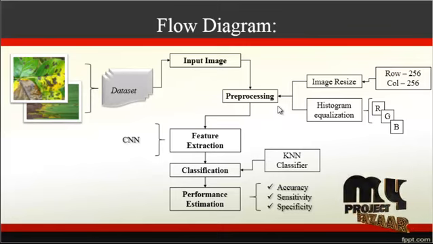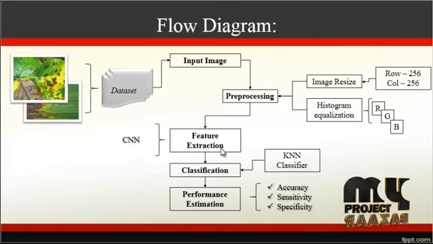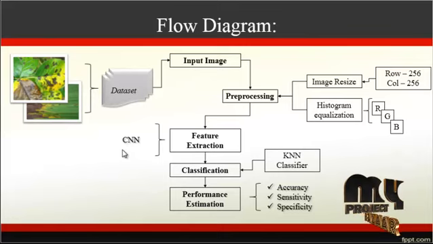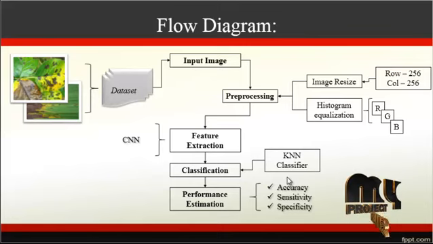After the pre-processing, the enhanced image will be passed to feature extraction. In this feature extraction module, the CNN is applied to extract the features from the image. CNN is abbreviated as convolutional neural network. After the feature extraction, the classification will be carried out by using the KNN classifier, that is the K nearest neighbor classifier.